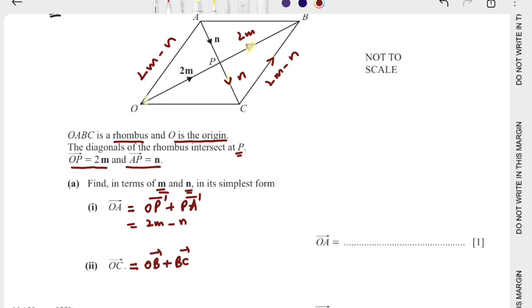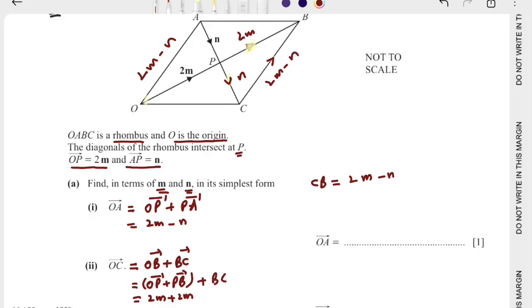Now we'll substitute values. OB is equal to OP plus PB and plus BC. It is 2m plus 2m, and for BC we have CB actually, that is equal to 2m minus n.